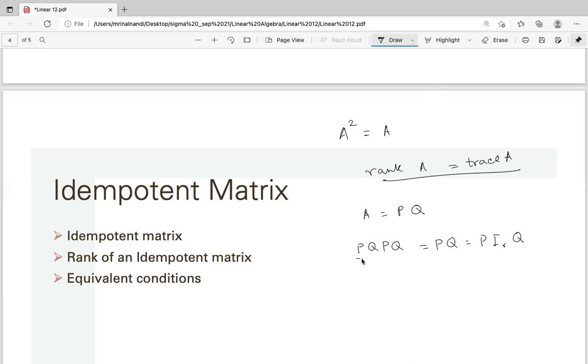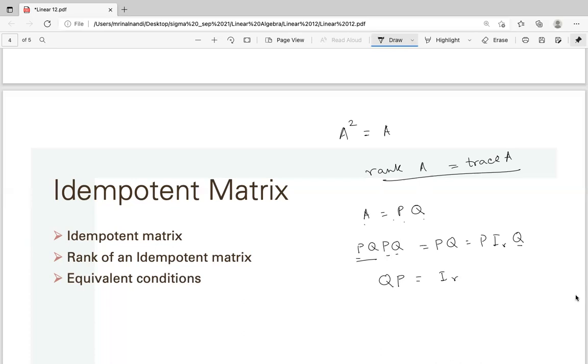So since the rank of P is the same as the rank of PQ, we can cancel P from both sides. Similarly, since the rank of PQ is the same as the rank of Q, the rank of P and Q both are the same as the rank of A. That is a rank factorization by definition. You can cancel both sides. So we easily find QP equal to I_r.